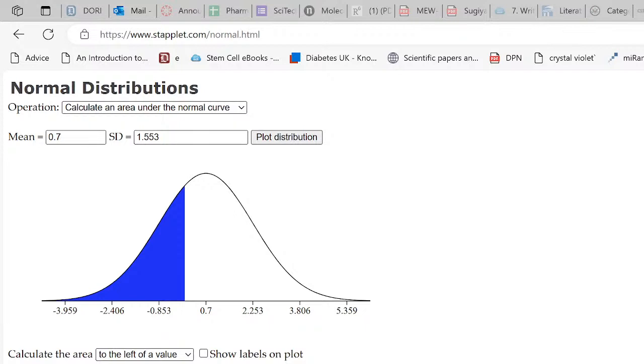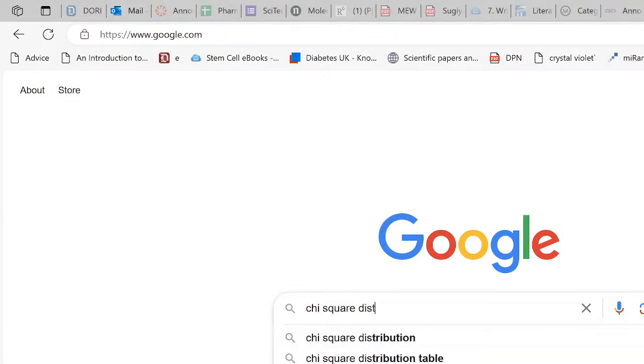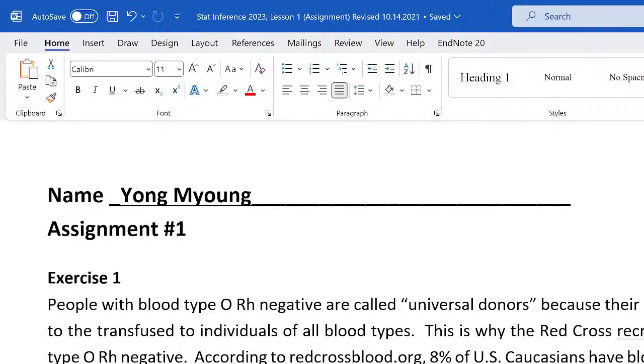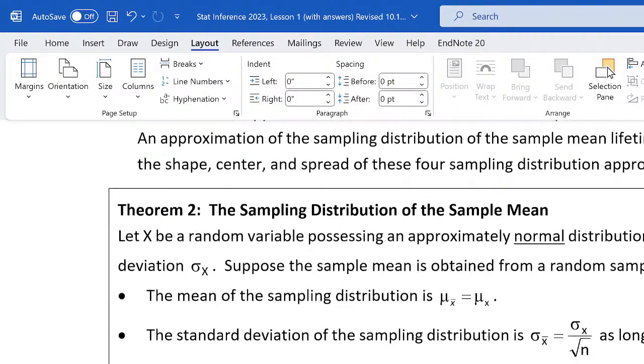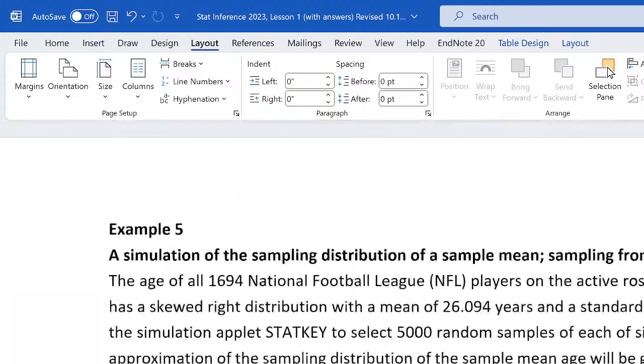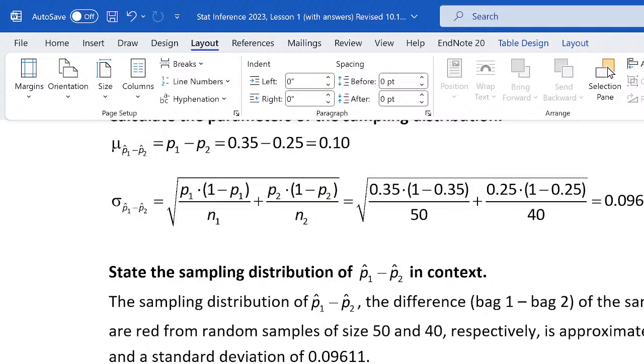So let me write down what we need. Find the probability that the sample variance exceeds, actually, the sample standard deviation. So the sample variance must exceed 100 squared. That's what we want. Now, this is a chi-square distribution.